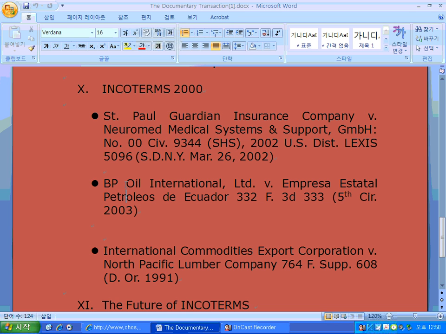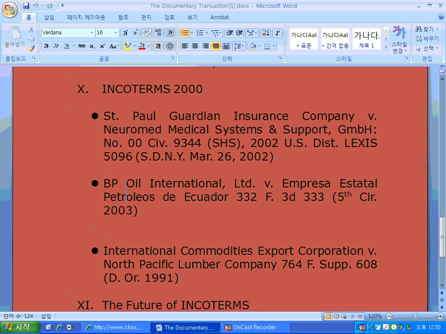So the shipper is a subscriber of an insurance policy, and the responsibility is transferred to the insurance company as a matter of an insurance contract.